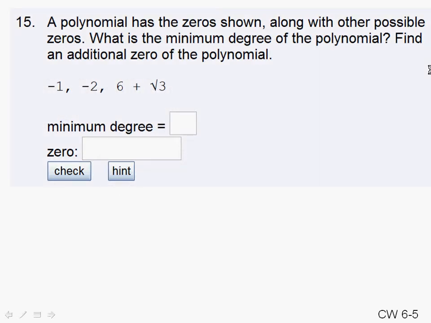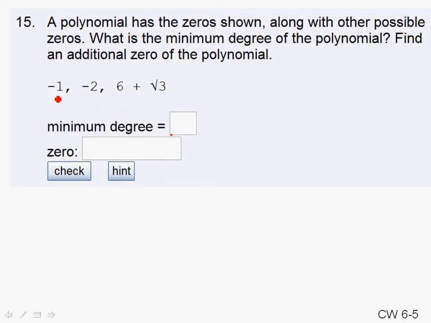Number 15 on your classwork 6-5 says a polynomial has the zeros shown along with other possible zeros. What is the minimum degree of the polynomial? Also find an additional zero of the polynomial. Because we know that they come in pairs, this 6 plus 3 square root of 3 indicates that there's another.